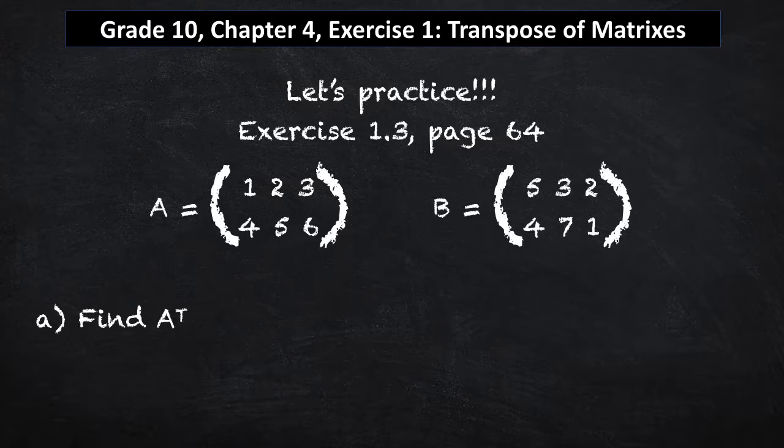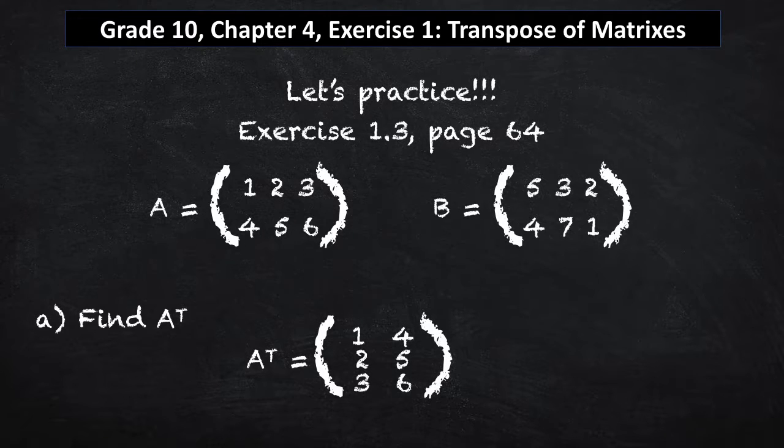So we recall that the transpose of a matrix, in this case a 2 by 3 matrix, is a 3 by 2 matrix, where the columns of the matrix A become the rows of the matrix transpose A. So the transpose of A is this matrix here.